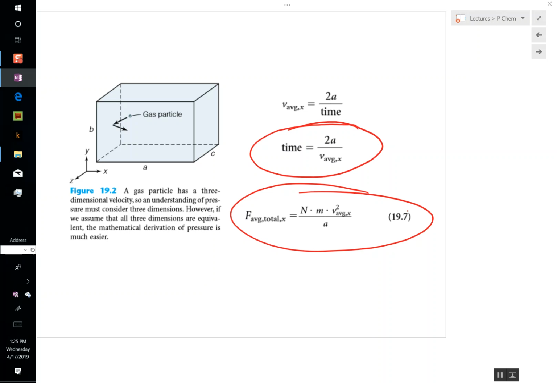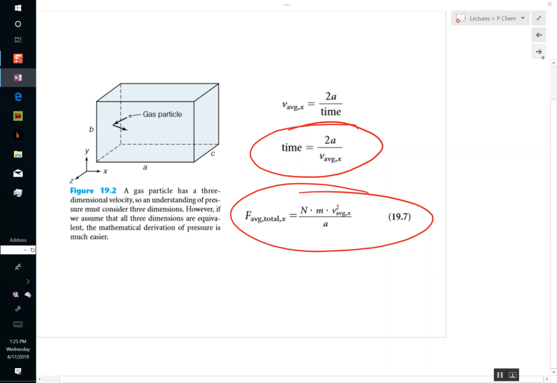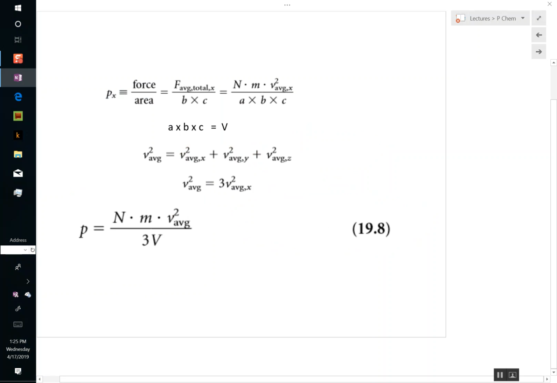Okay, we want to get to a point where we can at least do a few calculations. A times B times C is volume, so we're going to replace that with volume. Notice we just arbitrarily said, let's just look at the x direction. Well, there's nothing magical about the y or the z direction. It's not like these 6.02 times 10 to the 23rd molecules like the x direction more than the y or the z.